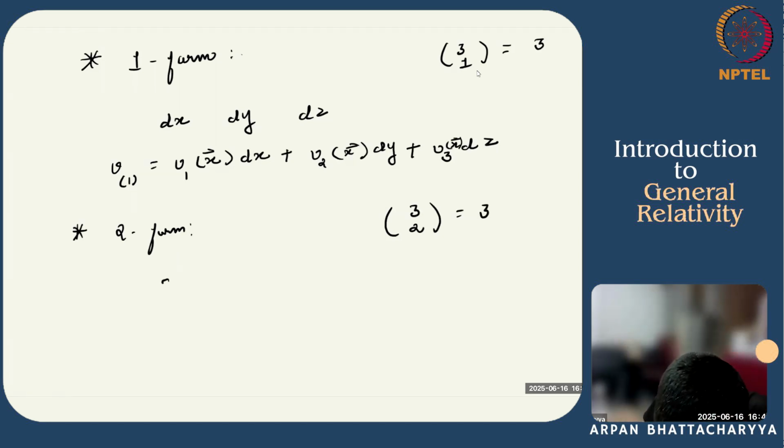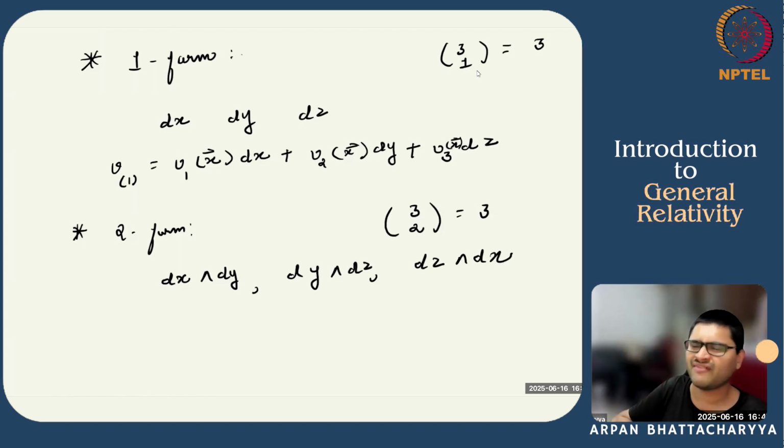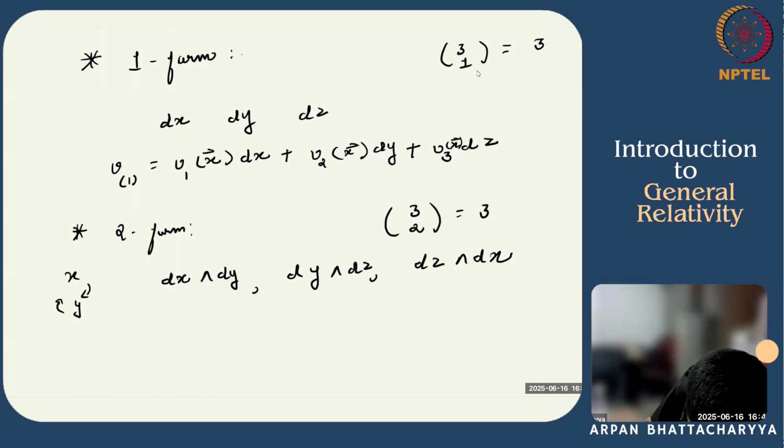And what are the elements? dx wedge dy, dy wedge dz, dz wedge dx. We have set an ordering of the form, x, y, z in this order. And a generic two form can be written this way.